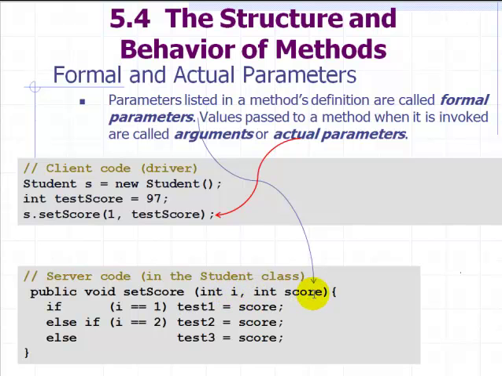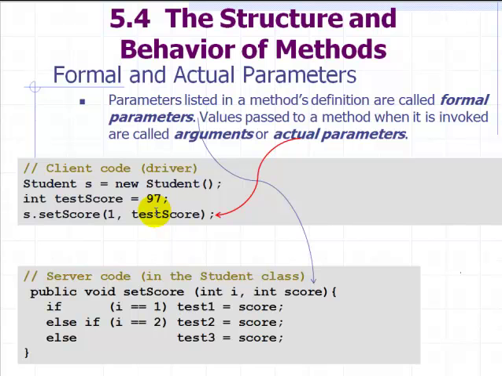Eventually they will be filled with some values. And here is the values that we're getting. This one is the first parameter, so it is associated with the i. This testScore variable is the second parameter, and it is associated with the variable score. Notice that I purposely named them differently.